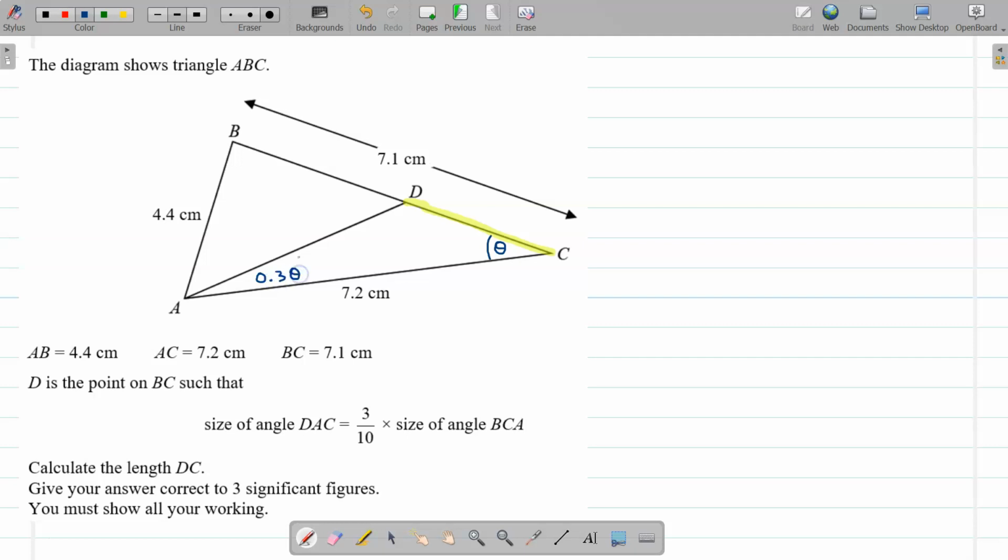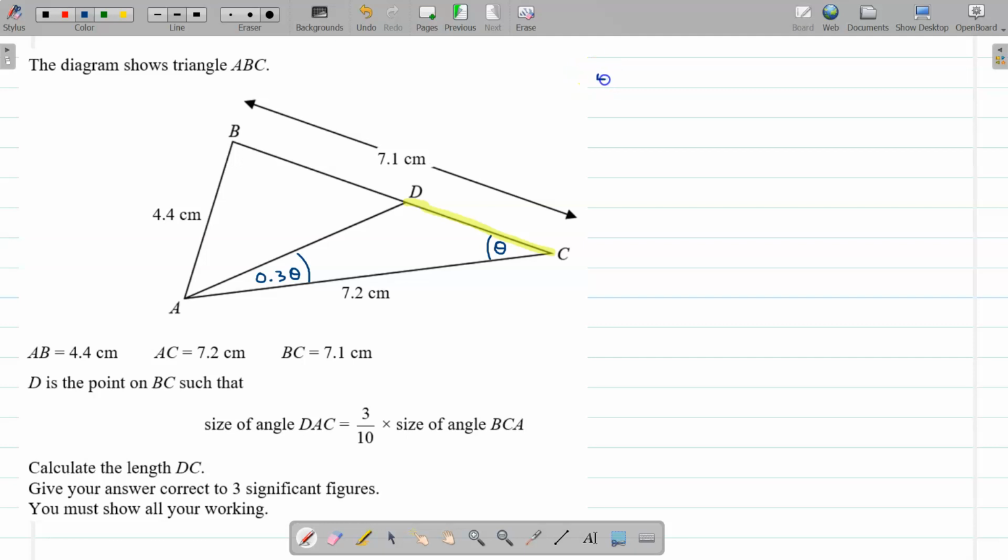And that's the angle in there. So what I'm going to do first is use the cosine rule to find what theta is, because if I know 3 sides and I need to find an angle in that triangle, I can use the cosine rule.